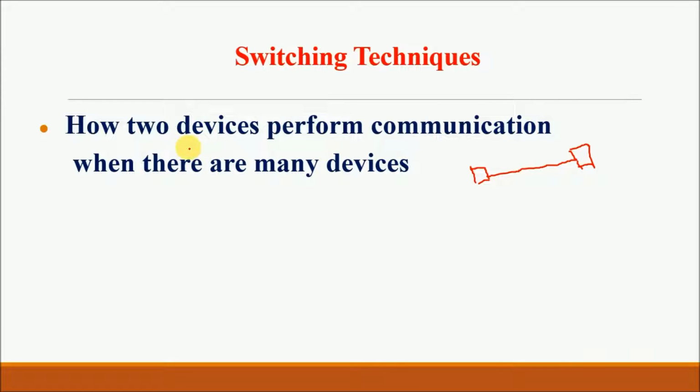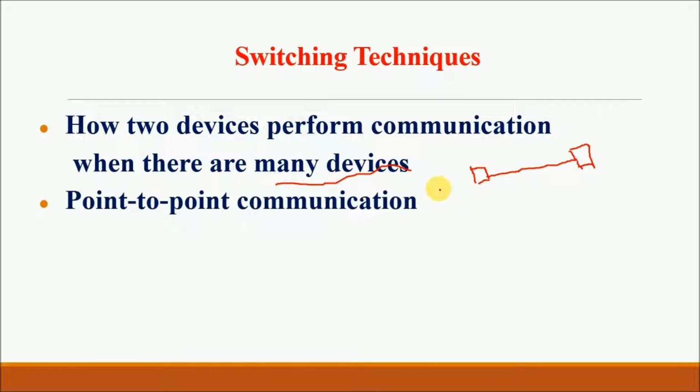But how can we perform this communication when there are many devices? If we want point-to-point communication between many devices, suppose there are two other devices, so this is another device and this is another device, a total of 4 devices.